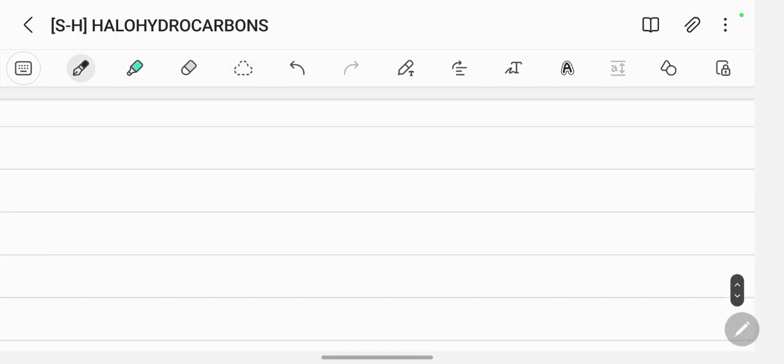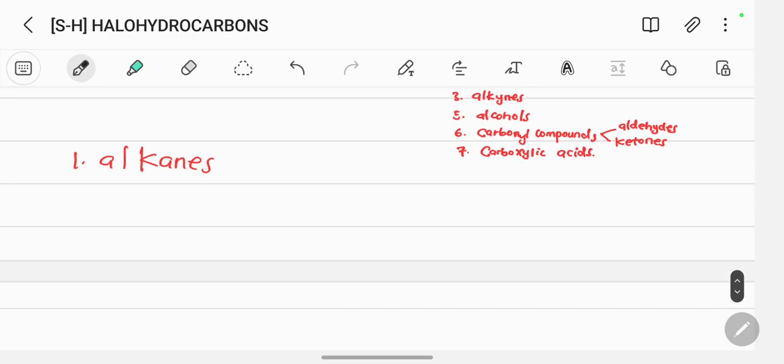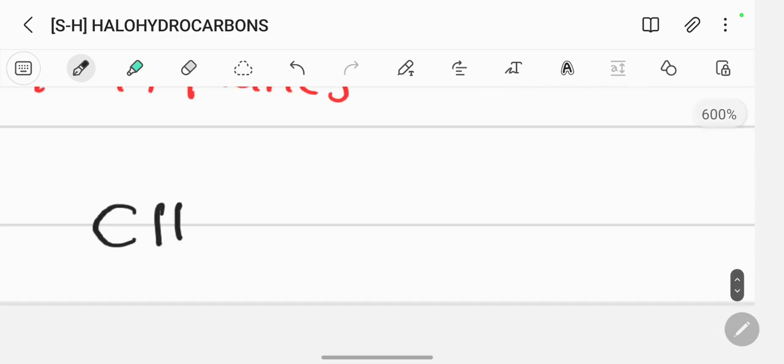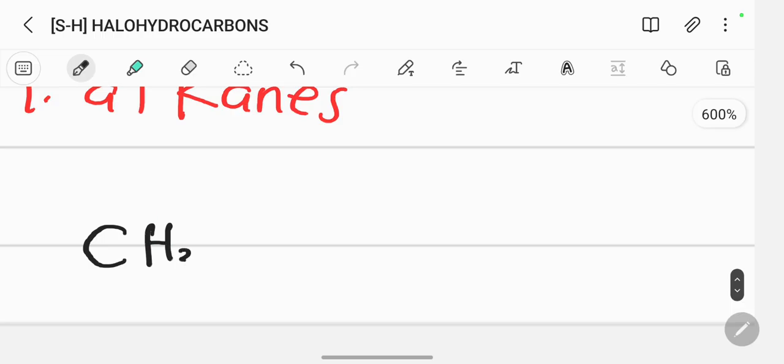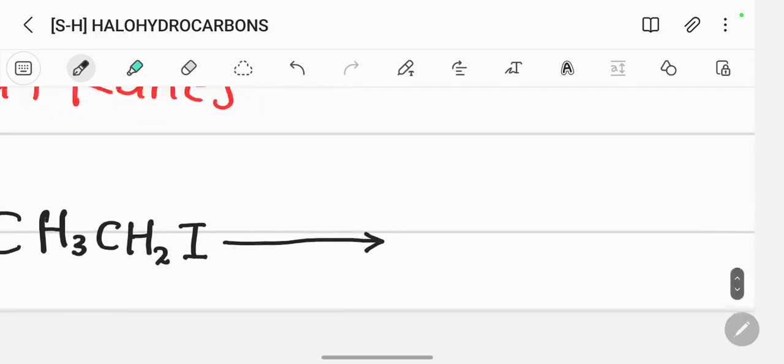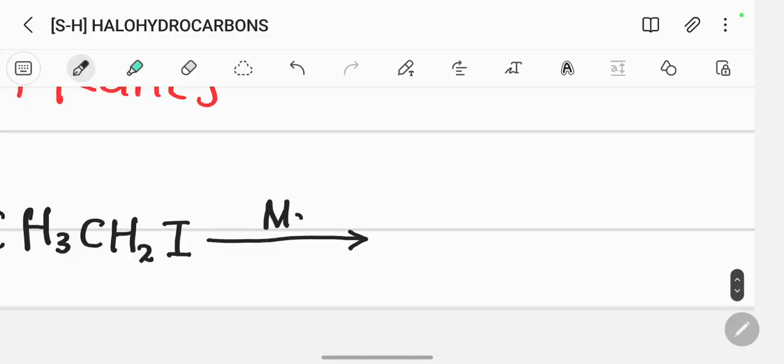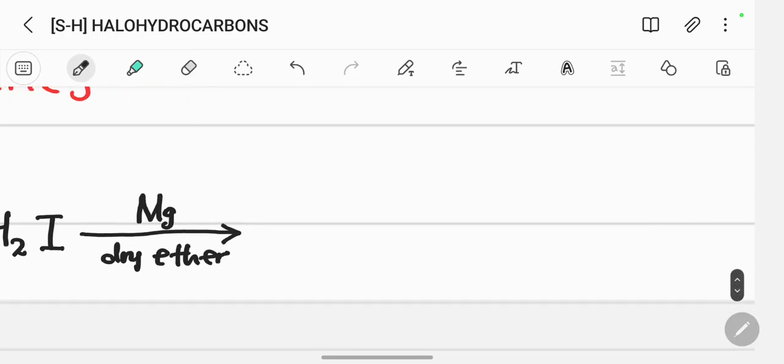Under this we have this reaction: CH3CH2I, and when you add in magnesium and the dry ether, do you know what you form?